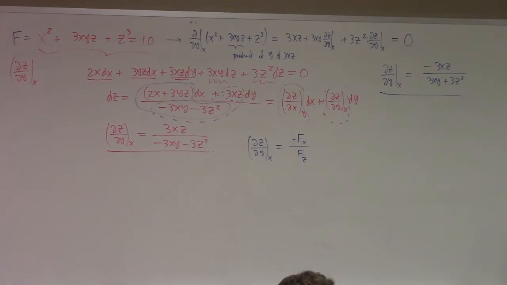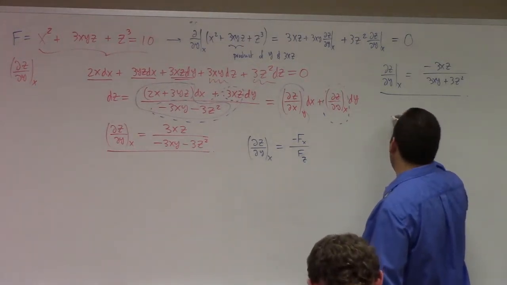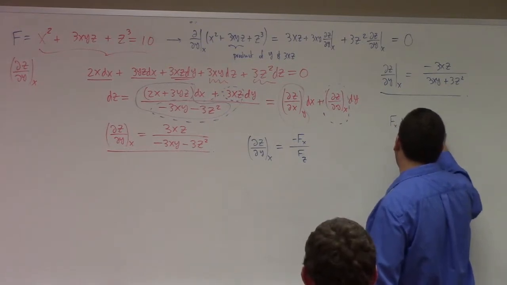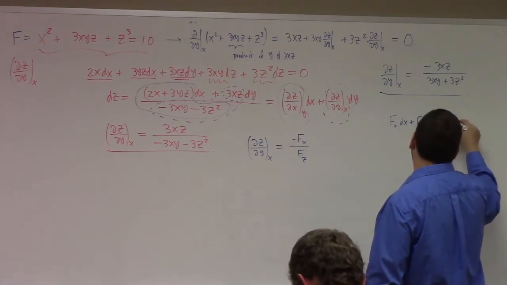So the answer is that that's going to be true wherever f sub z is not equal to 0. So generically speaking, right, folks, you've got fx dx plus fy dy plus fz dz equal to 0.